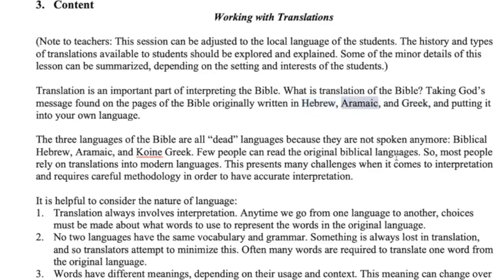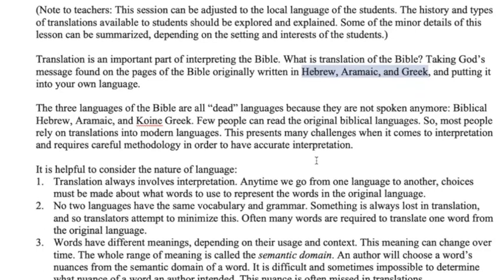Aramaic, well, there's very few people who speak this, only maybe a couple of small villages. And modern Greek, which is spoken in Greece, is a lot different than Koine Greek. Even if a person knows these languages, it's still very challenging to interpret the Old Testament. So we all have to deal with translations unless you know these biblical languages.